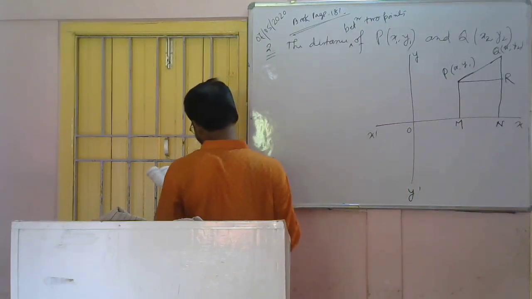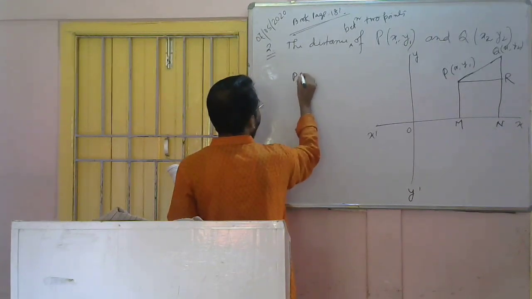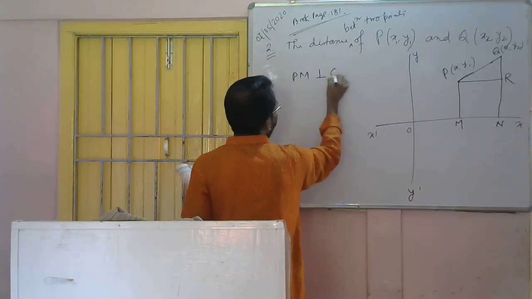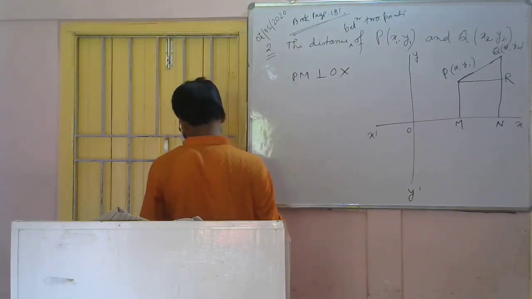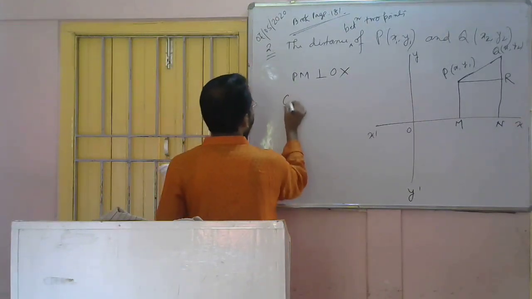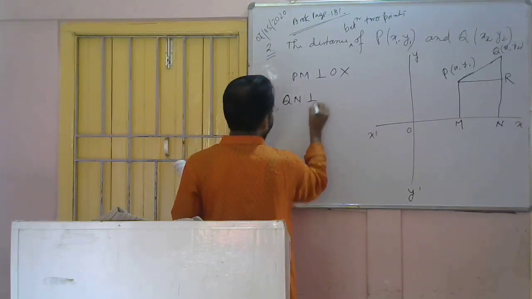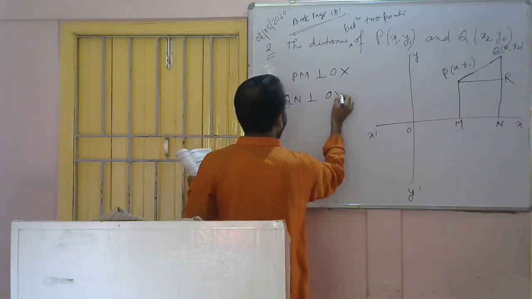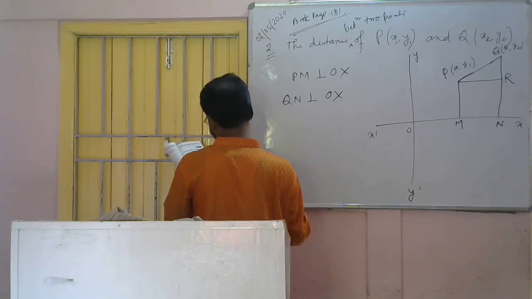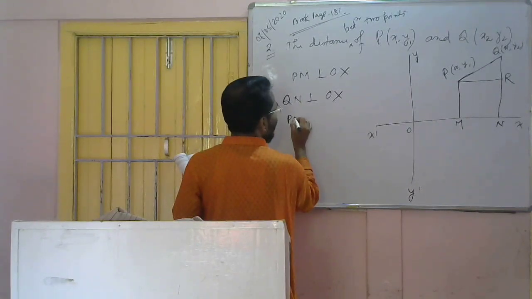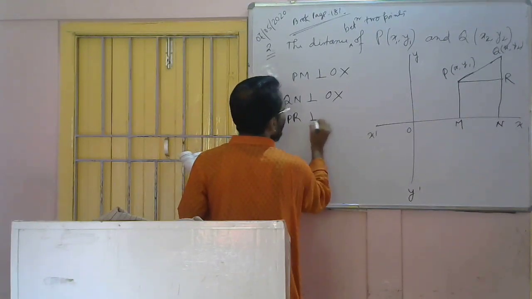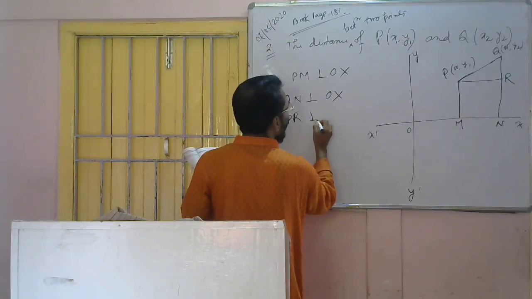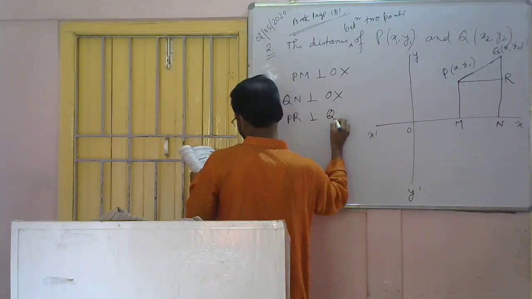Now, PM is perpendicular to OX, QN is also perpendicular to OX, and PR is perpendicular to QN.